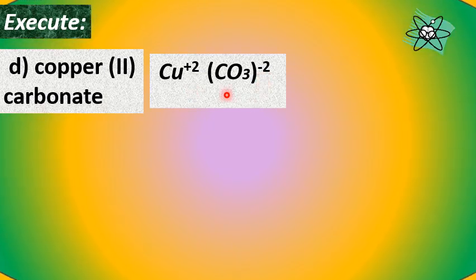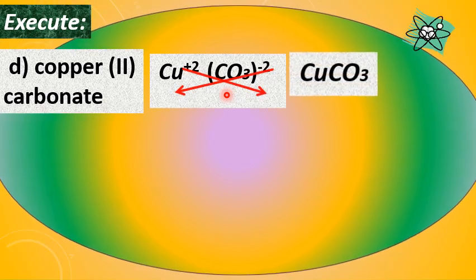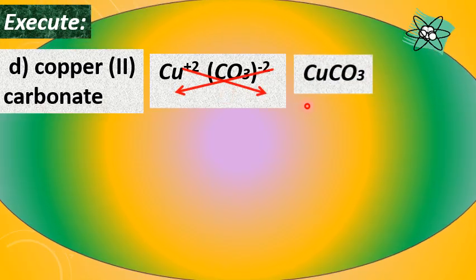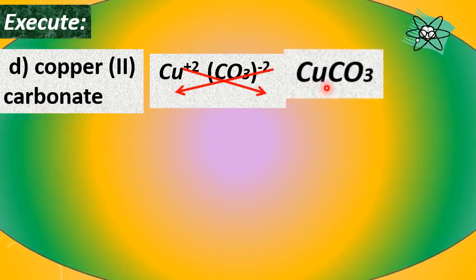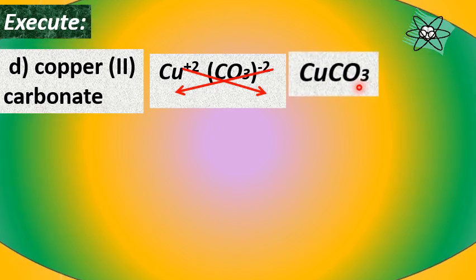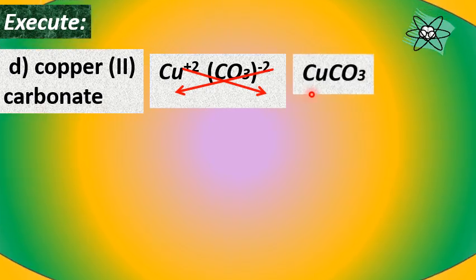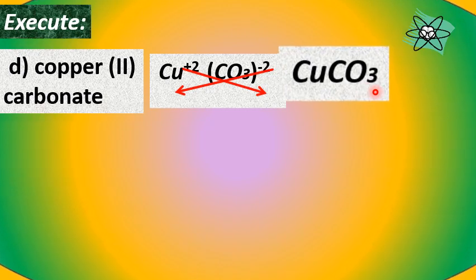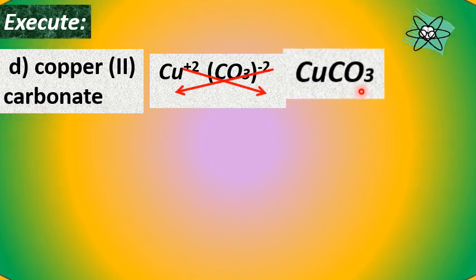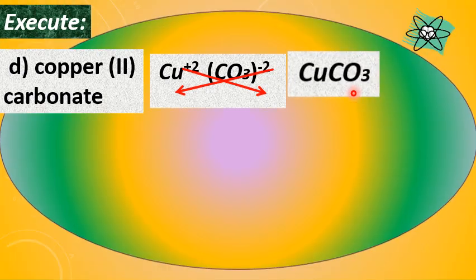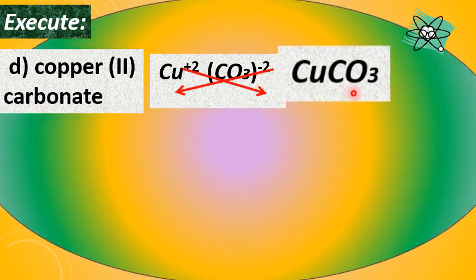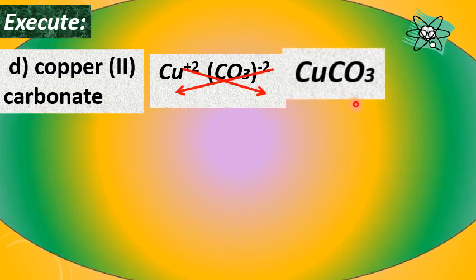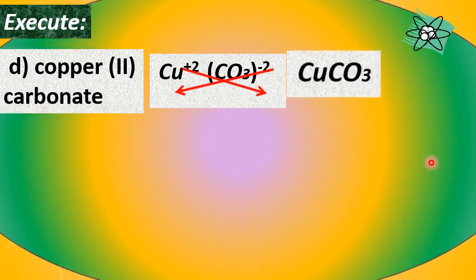So doing the crisscross, we will have the compound written as CuCO3. So again, no need for the parentheses because the resulting subscripts for both ions, copper and carbonate, are the same. They both have 2 as their subscript. So we just disregarded the subscript 2.